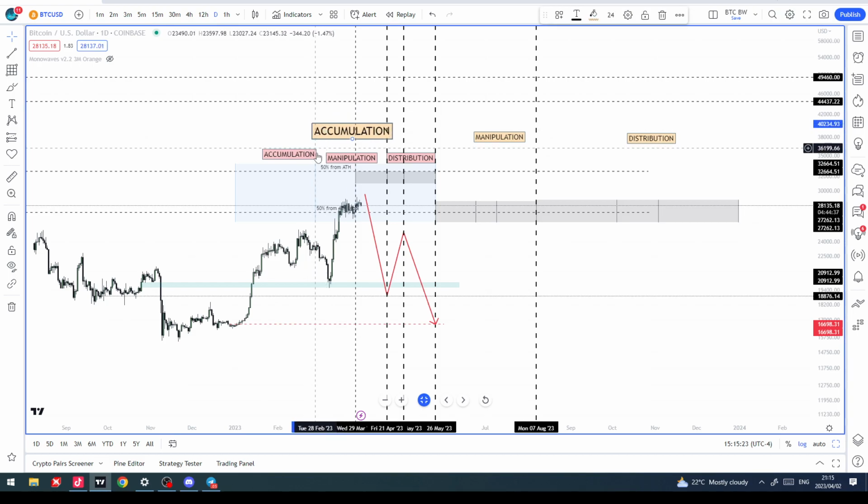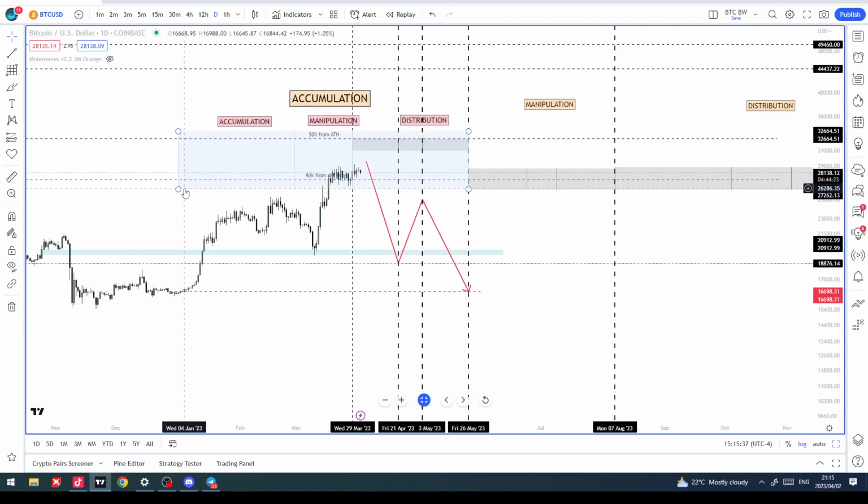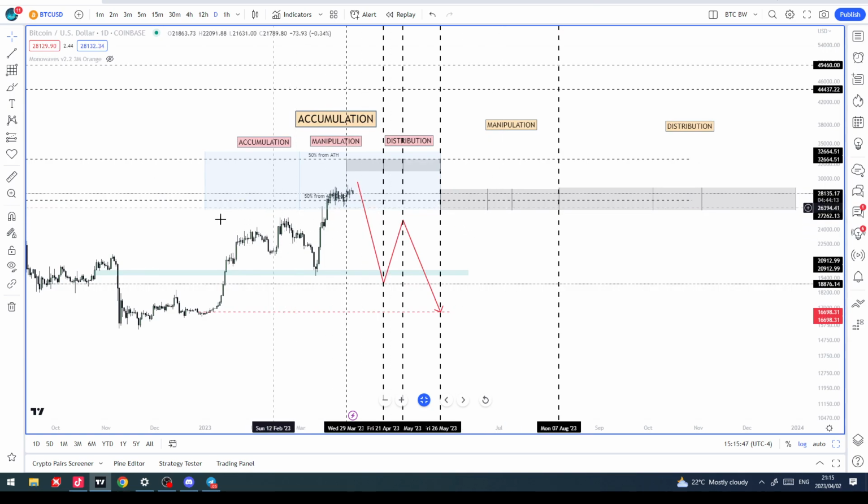And all I've done is within that cycle, I've split it down again into accumulation, manipulation, and distribution. And within that, we're splitting it down even further and further and further. So everything from the 1st of January right up until the 26th of May is one big accumulation cycle. So this can be a huge range like you're seeing here.